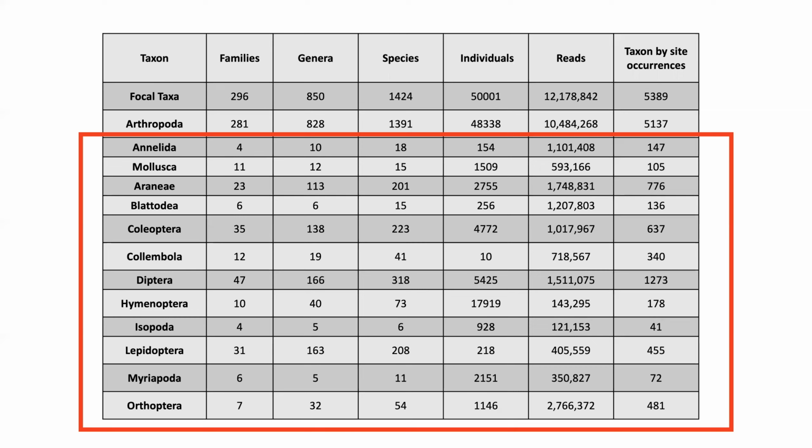My research program focuses on comparative biogeography, and I go about that a couple of different ways. One of them is to take the entire pattern, the large scale pattern of arthropods and focal taxa. I should also point out that arthropods dominate the diversity of these traps, so I don't plot them separately because they share the same pattern as the entire focal taxa pattern.